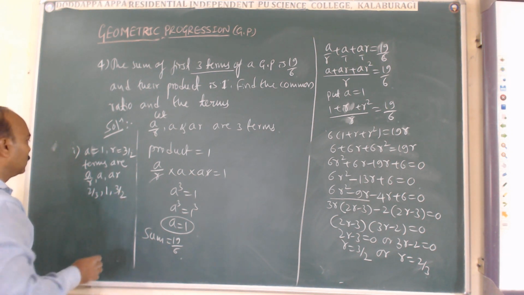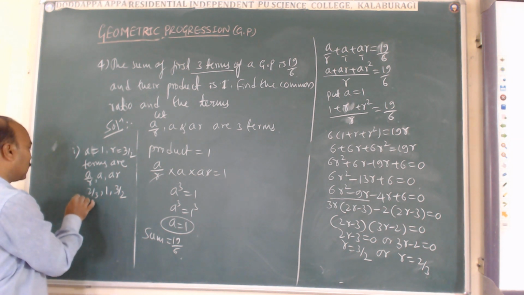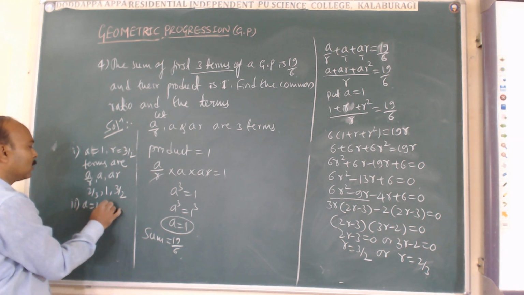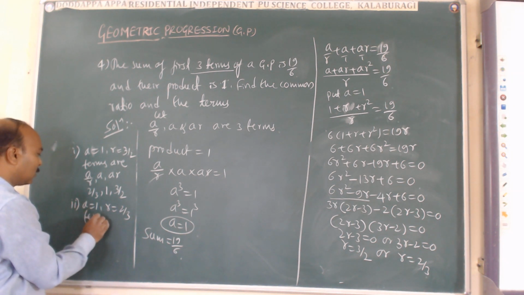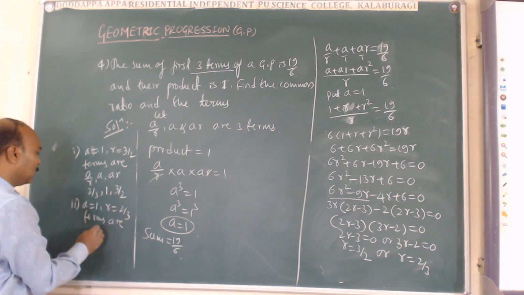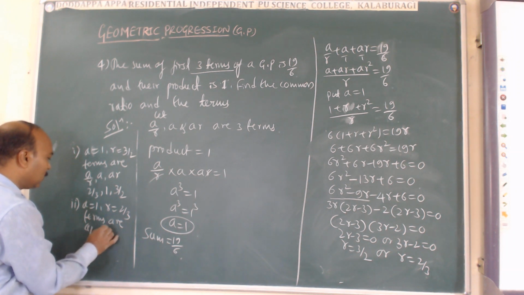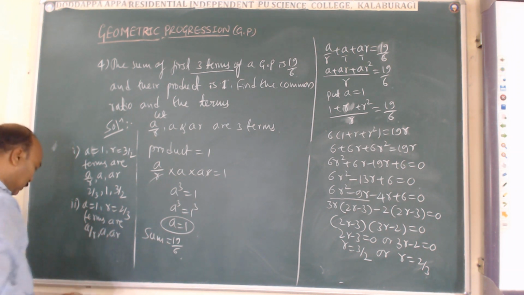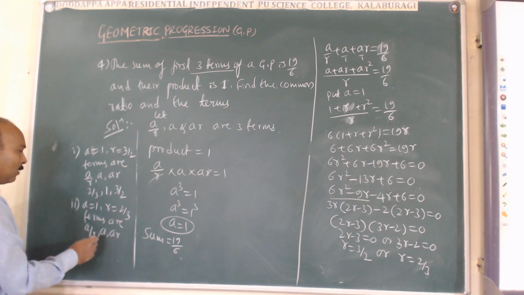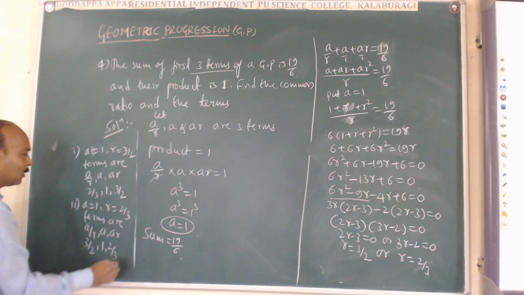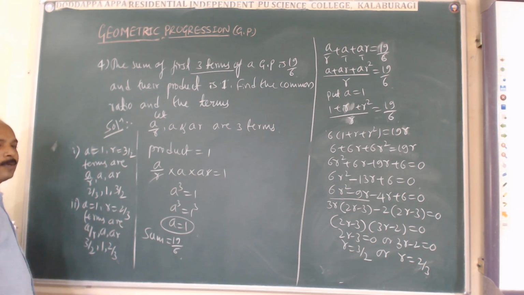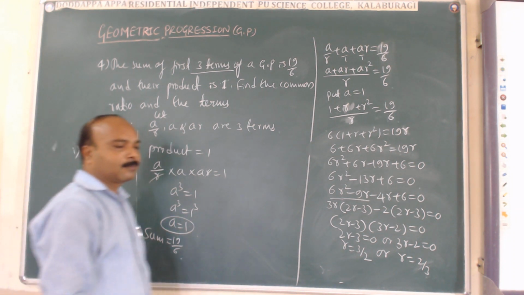Similarly, if you take second, a value 1, r value 2 by 3, the required terms are a by r, a and ar. Here we get a by r value as 1 by 2 by 3 means 3 by 2, 1, 2 by 3. These are two answers for the given example.